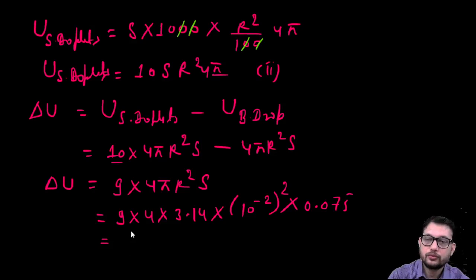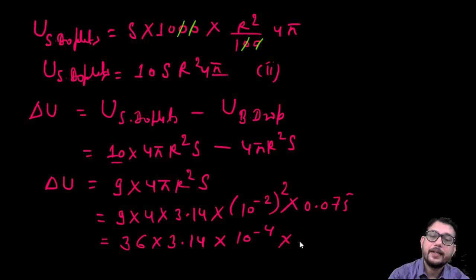Now we have to solve it. So 9 into 4 will be 36, into 3.14, into 10 to the power minus 4, and 0.075. Now we have to multiply it simply.